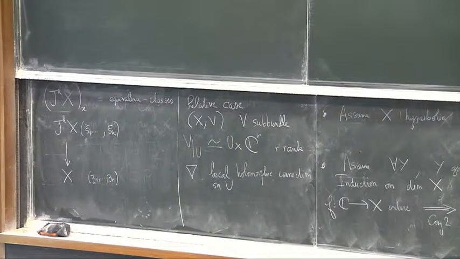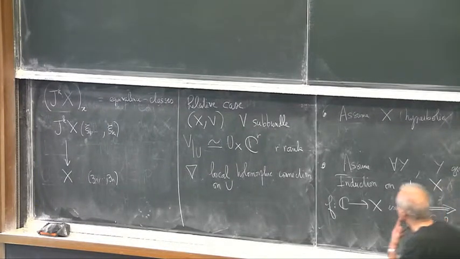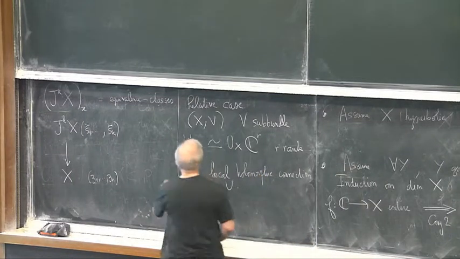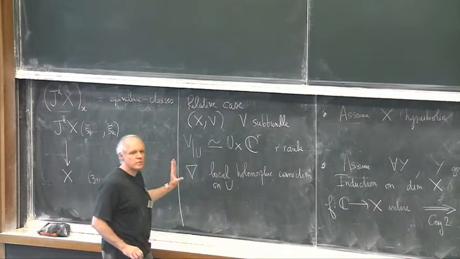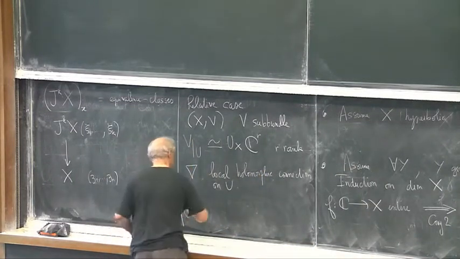You just take the differentials of the components and take the matrix connection to be 0, so it's holomorphic. But of course, it need not exist globally. In general, it will not exist globally.